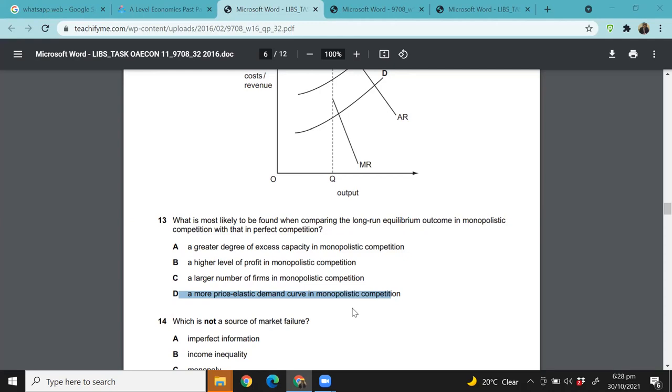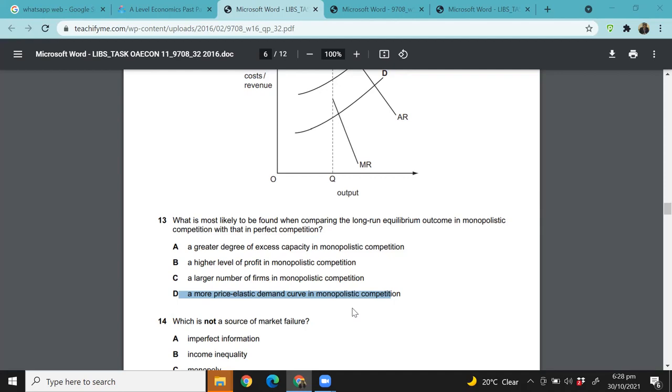Then D is incorrect, a more price elastic demand. No. Demand is perfectly elastic in perfect competition, so elasticity of demand is highest in perfect competition. You can't say that it is higher in monopolistic competition. So D is also incorrect, right?